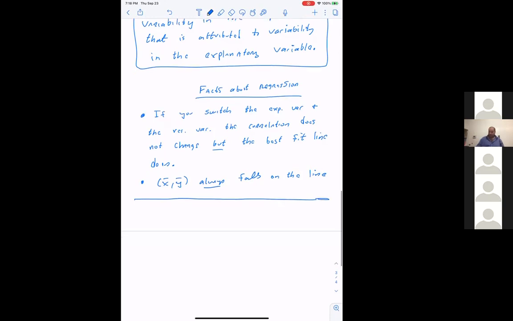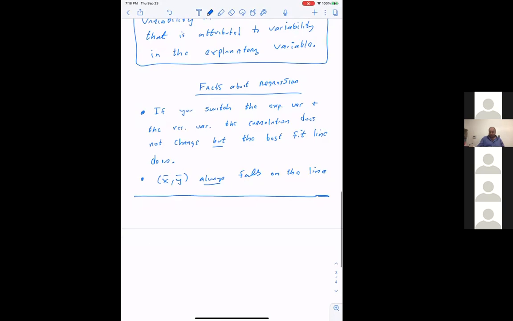Now, if you recall, how did we define the ith residual? Recall from a few minutes ago, for a best fit line. Deviation. Bias is, it's deviation, right?